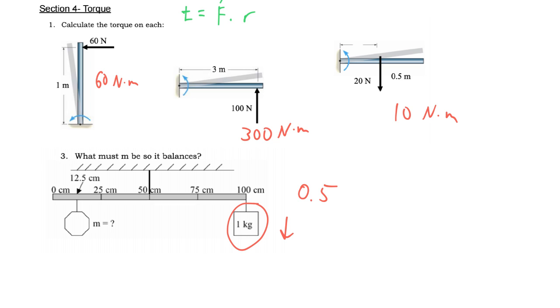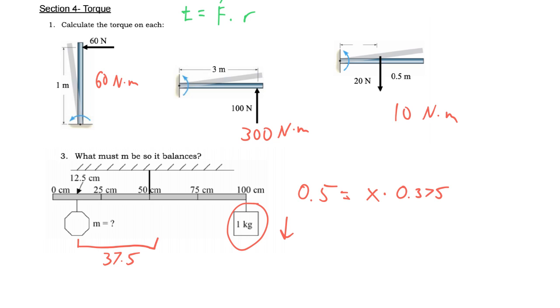Now this weight over here is 12.5 centimeters from the end, so it must be 37.5 centimeters from the middle. And we know that our torques must be balanced, so the torque on this side, which we're seeing is 0.5, needs to equal the mass times 0.375, the radius of the second mass.